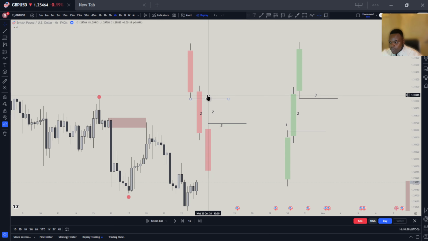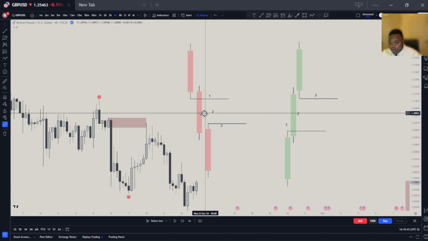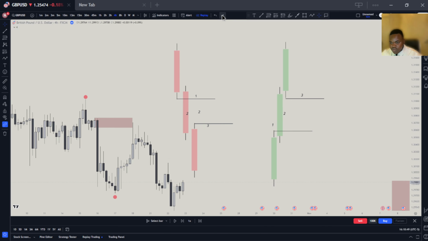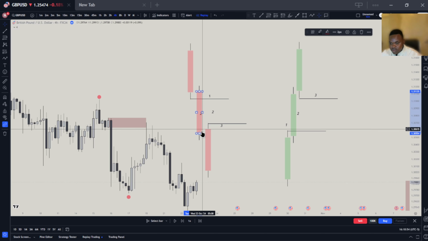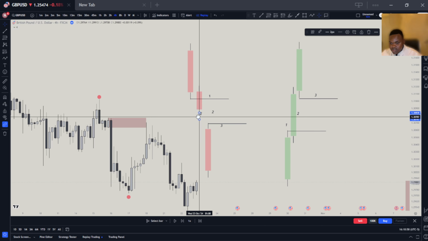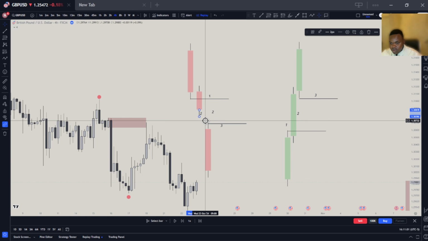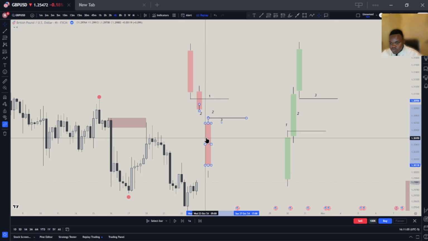Where candle 2 has some kind of engulfing, but it doesn't have to be a perfect engulfing. It can be like this, it can be something like this.